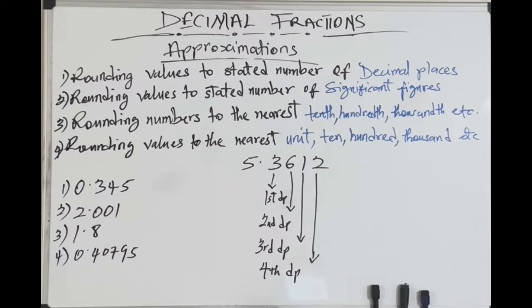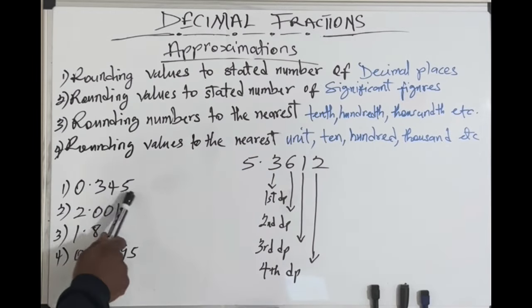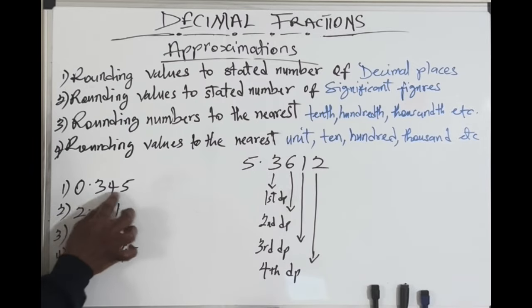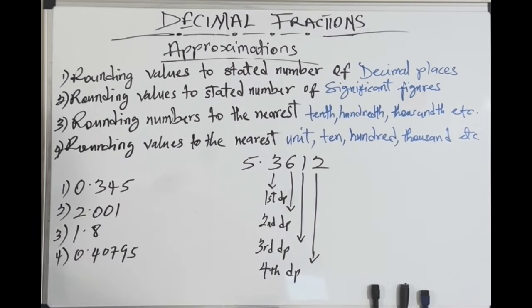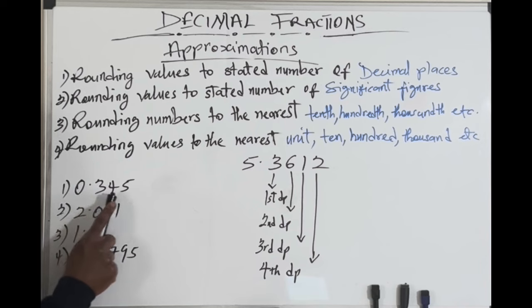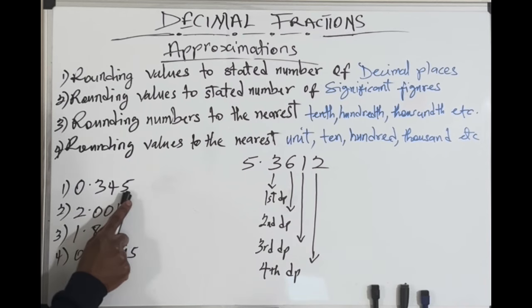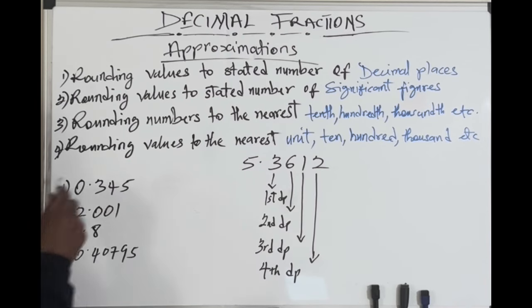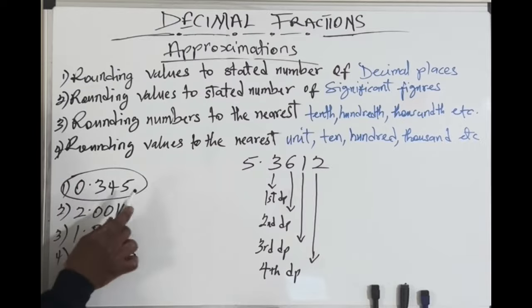Under decimal places, a number that comes after the decimal point is termed a decimal place. For example, 0.345: all these numbers are decimal places, so this is one decimal place, two decimal places, three decimal places. This number is said to have 3 decimal places.